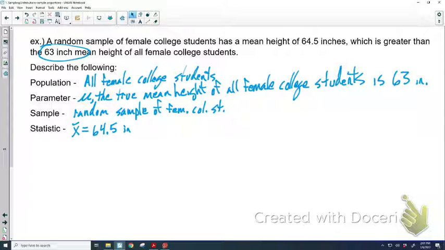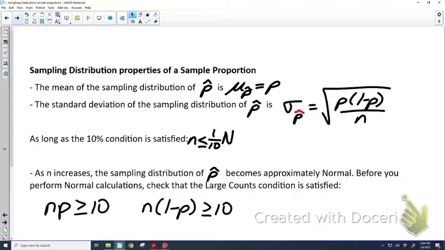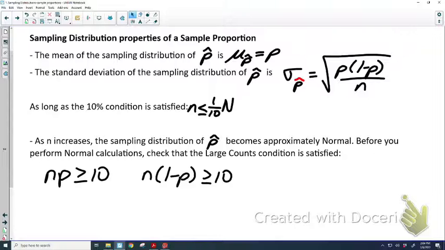We're moving on. We're going to talk about the properties of a sampling distribution. So here they are. There's 4 properties. I typically only really focus on the ones with dashes on them, and I kind of just assume that middle one as long as the 10% condition is satisfied. I usually just assume that's true. There are scenarios where I'm worried about it, but typically I only focus on the top 2 and the bottom one.